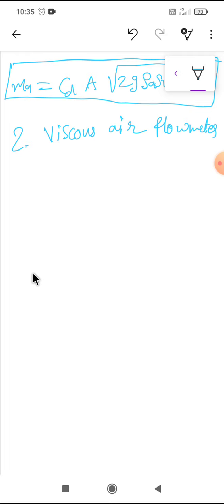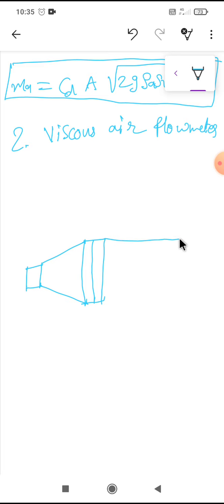So let me draw. Suppose here is the air inlet, and here is the engine.